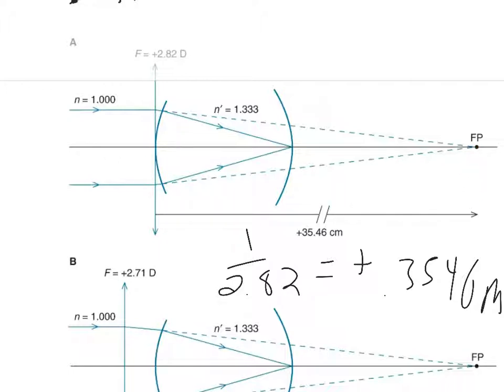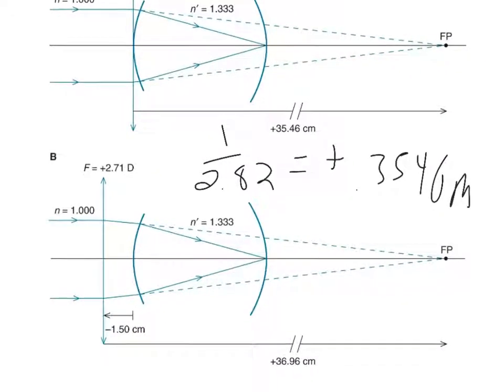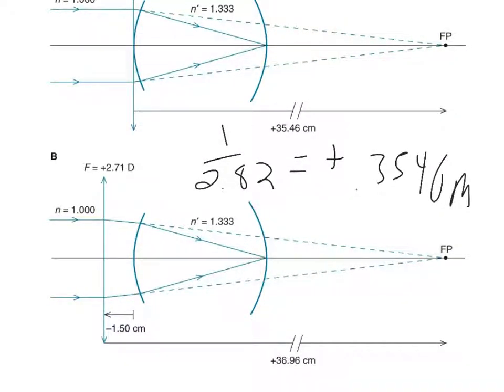Now, what's the person's eyeglass prescription? Since the glasses sit in front of the eye, now you have to subtract the distance. Oh, excuse me. You're going from your contacts to the glasses in this case, so you have to add. You're starting over here first, and then you're going to here, so you have to add this distance.